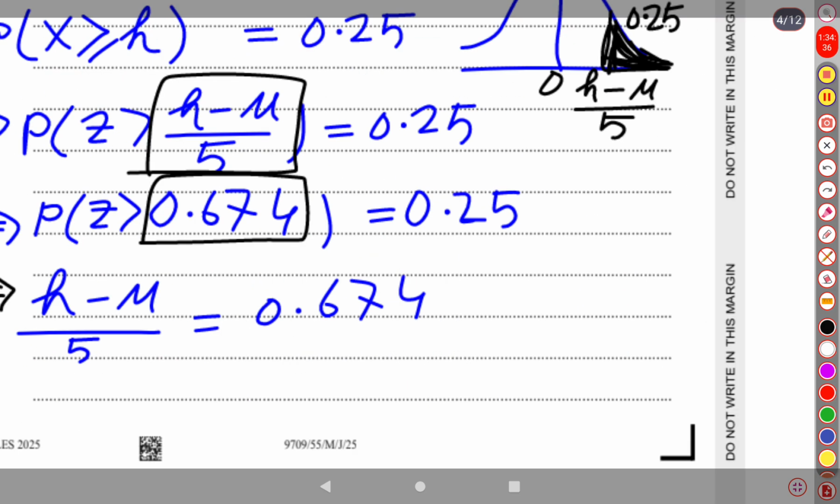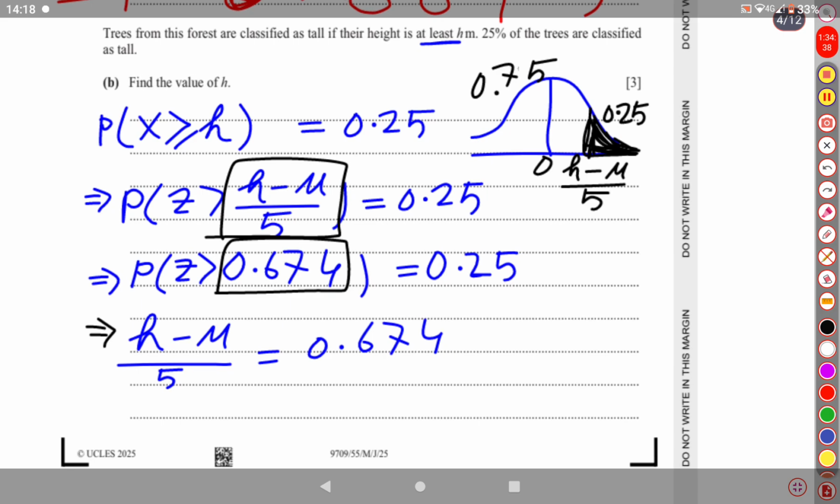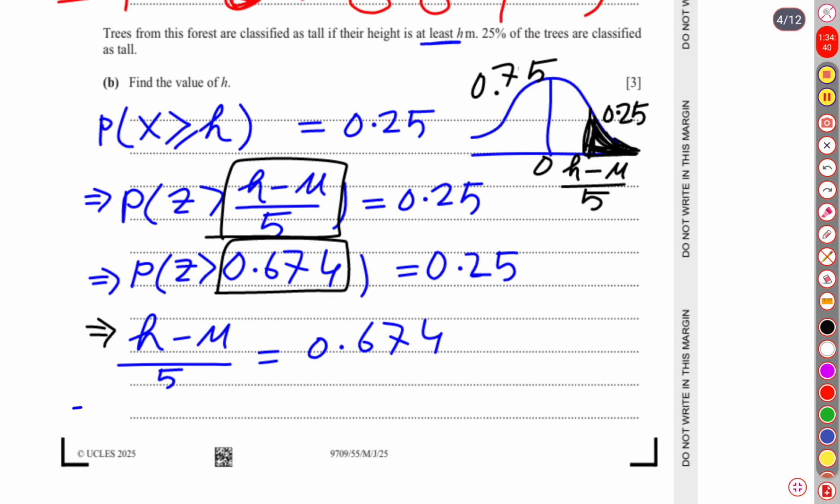By doing cross multiplication, h is equal to 5 into 0.674 plus the mean. Sorry, our mean value was given, the mean value was 20. Why are we leaving it unchanged? Let us write 20.